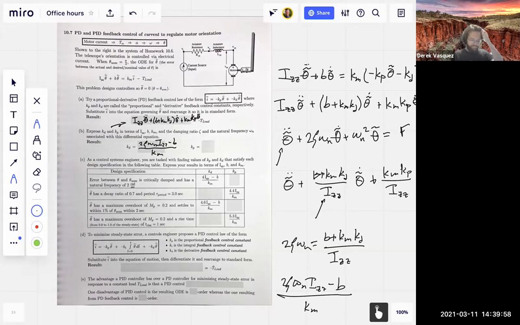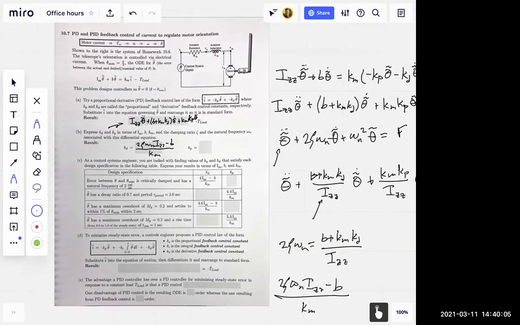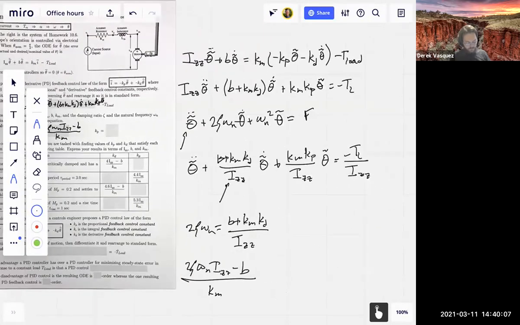Any questions about that? No. Okay. Next one, so omega n squared equals the coefficient in front of our theta, so Km Kp over IZZ.